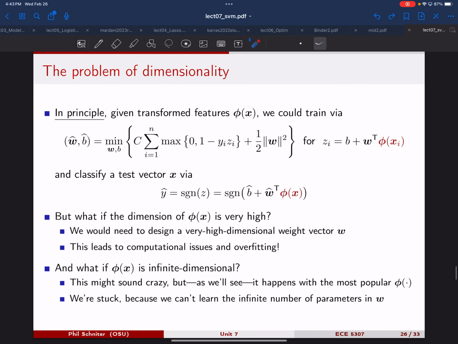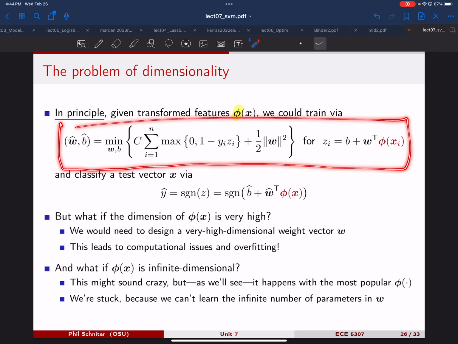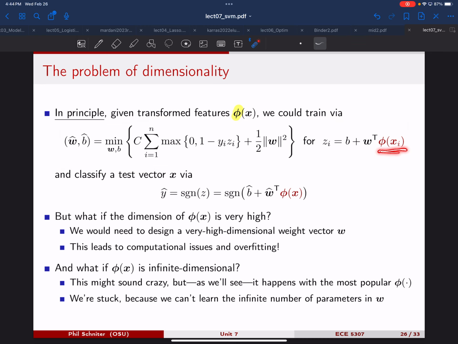Okay, so let's say that we're doing this now. So someone gives us this transformation phi. Now, if we look at our SVC equation, it's exactly the same as before. The only thing we've changed, which is highlighted in this red font, is that we have applied the transformation to our training features. So this is something we can do offline as a first step before we're even running our SVC.